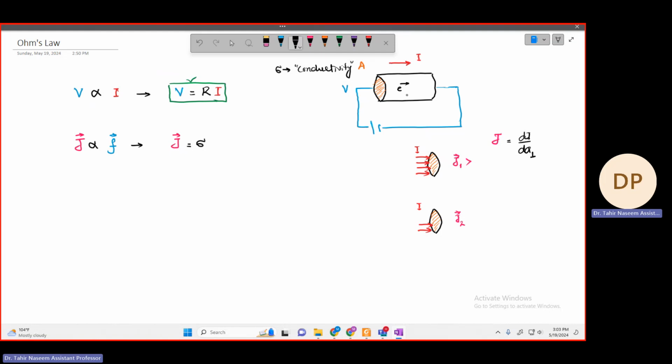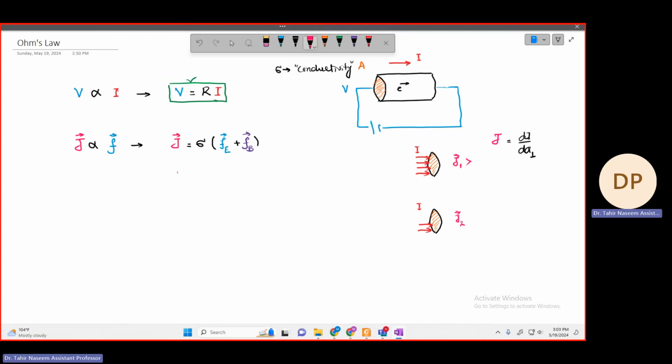Okay, so when the current is flowing, it may experience a couple of forces. We can write which forces it can experience: electric force per unit charge, and then it can experience, for instance, magnetic force per unit charge.